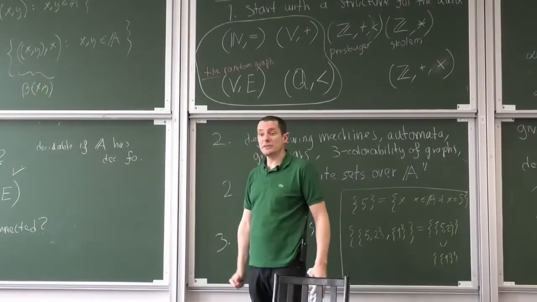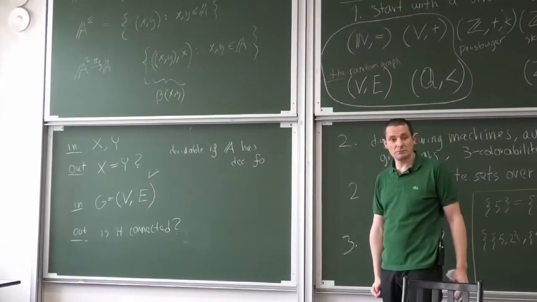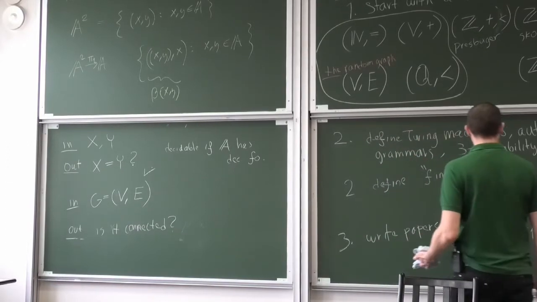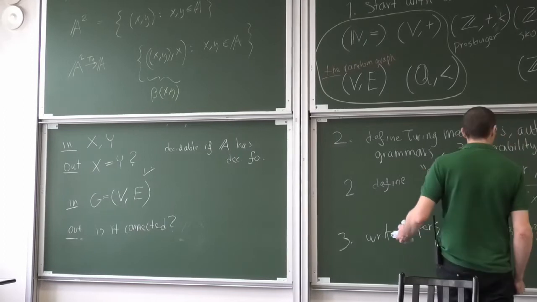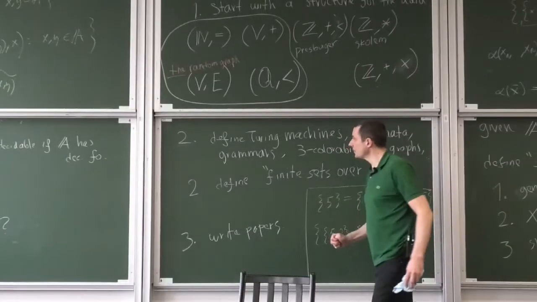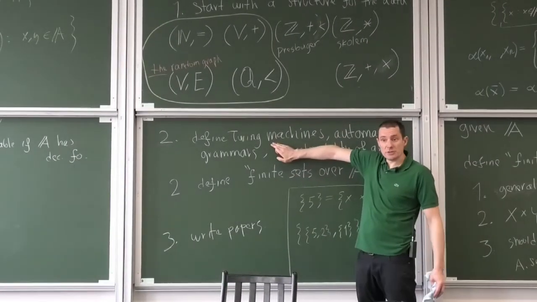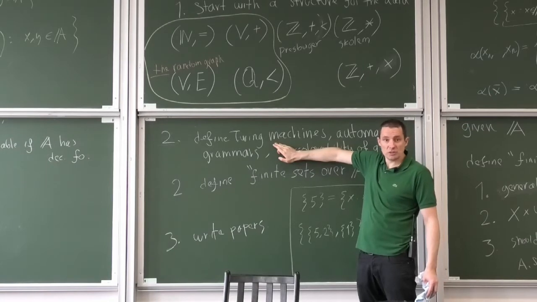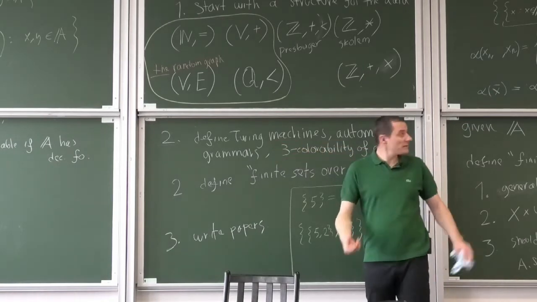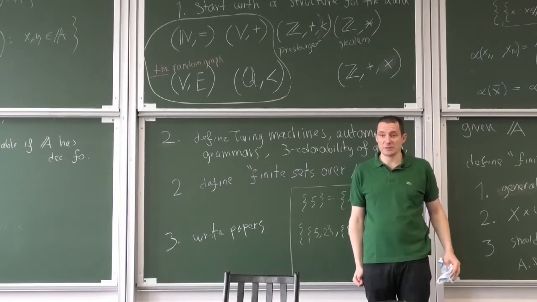So let's take the connectivity problem. Okay? So suppose, before I do that, is it clear now what a Turing machine is? It's a Turing machine where the states are described by a set builder expression.